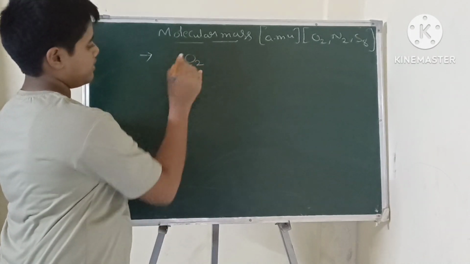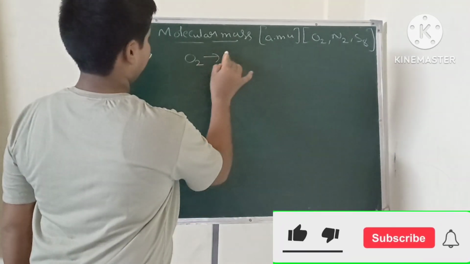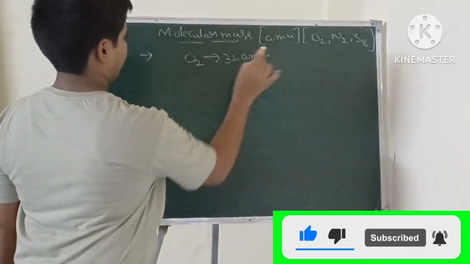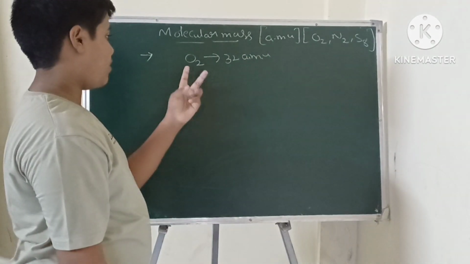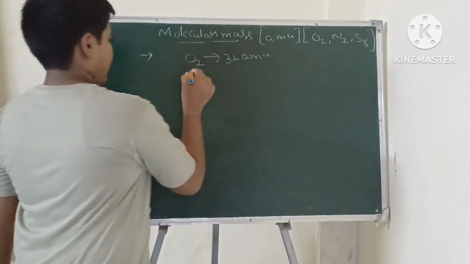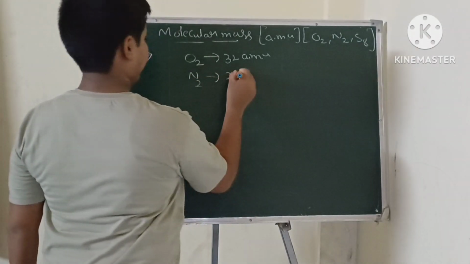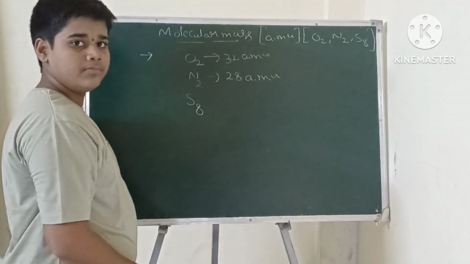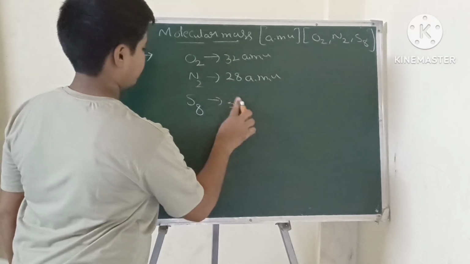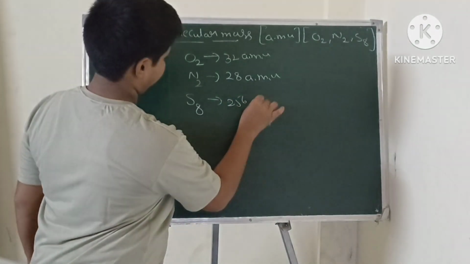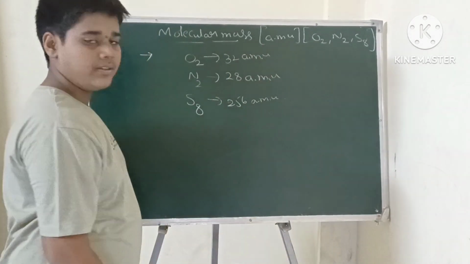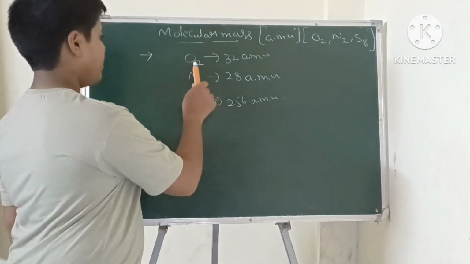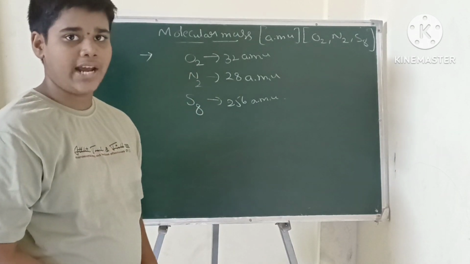For example, oxygen, O2, which is nothing but 32 AMU. We have to count the 2 atoms' mass of oxygen. And here N2, 28 AMU. And here S8, which is nothing but 256 AMU. So there is no change between atomic mass and molecular mass, only the change of atomicity.